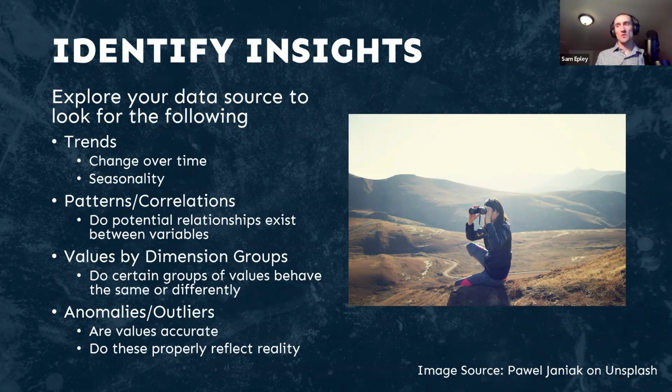Now, if you know that sales are going to be higher in Q3 and Q4 than they are in Q1 and Q2, that can inform certain business decisions. And you're able to speak to the seasonality component to this. Also exploring different patterns or correlations. So let's say you're looking at a product level and you're trying to see, is there a relationship between the profit rate and the average selling price?